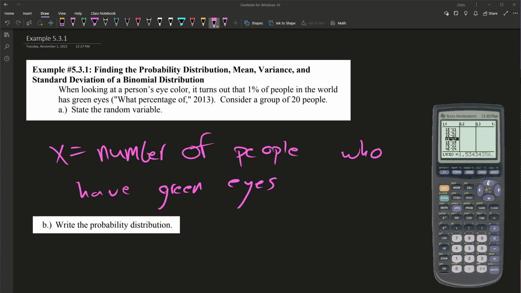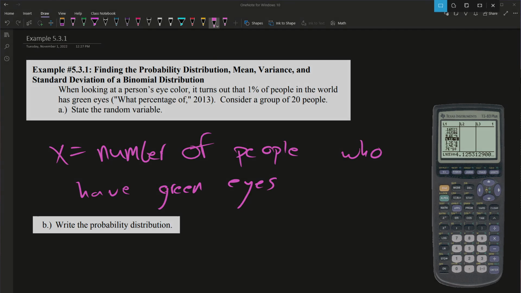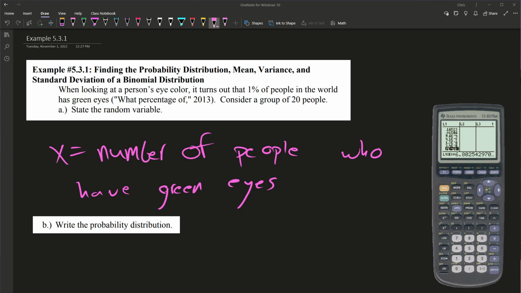And notice that all of these probability values are really small after, say, x equals 4. After x equals 4, in fact, these all start looking like they're just 0 if you start rounding them to, say, the 4th decimal place.